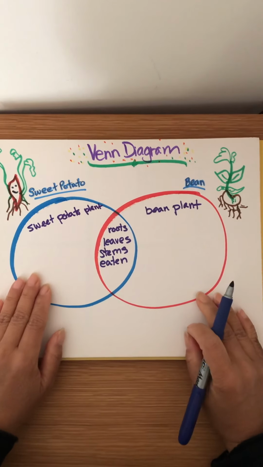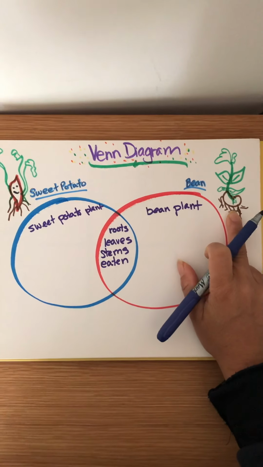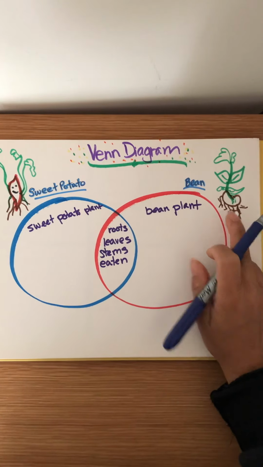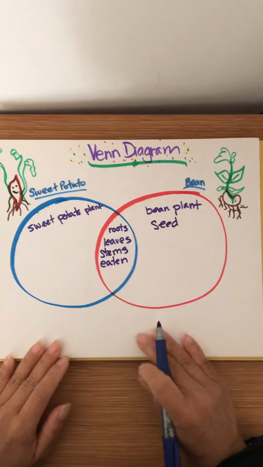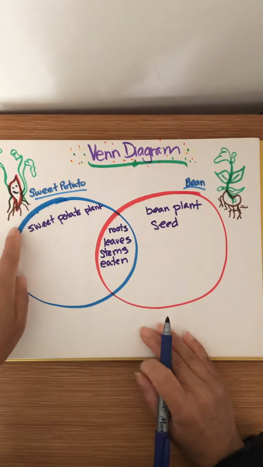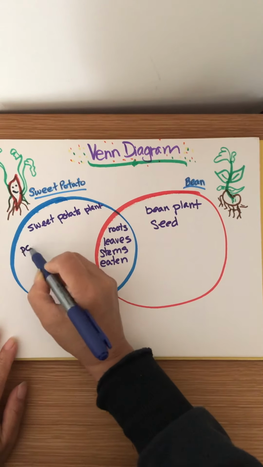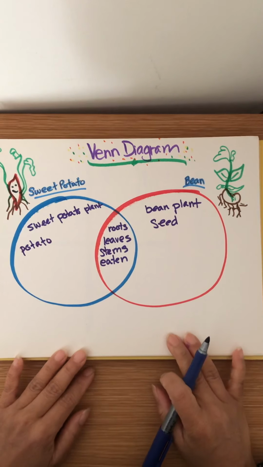What else is different about them? Well, this grew from a bean. The bean is sort of like a seed, so we're going to write seed. It grew from a seed. Now, sweet potato is not a seed. It is a potato. It grew from a potato. So that is different about them.